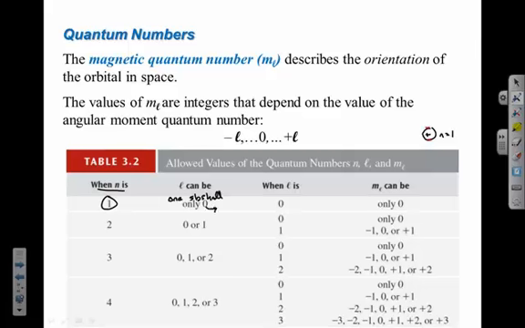And when L equals 0, I'm talking about an S subshell. That's the shape. And an S is spherical. So anytime N is 1, L must be 0. Because in that area right next to the nucleus, there is only space for one subshell, and it is a spherical shape.